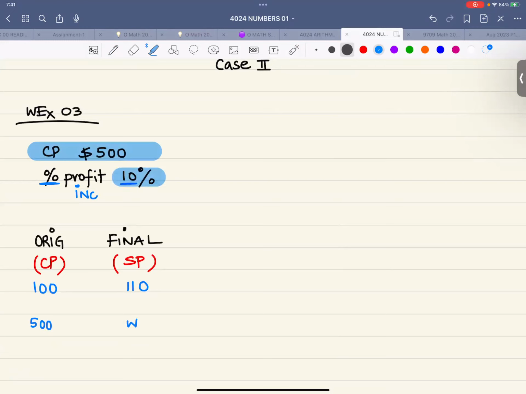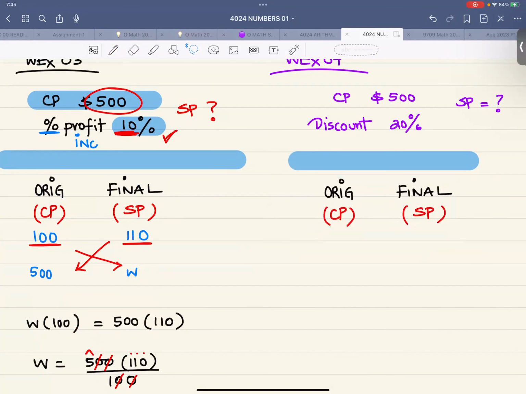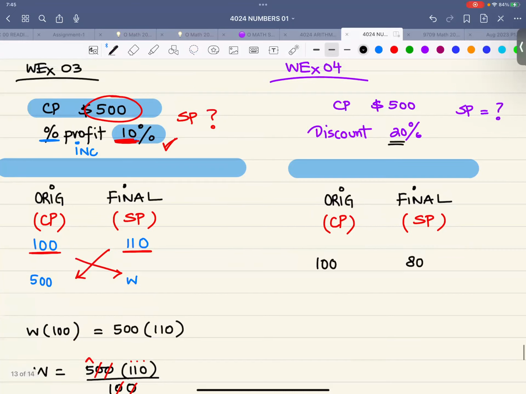Let me write the rule here: the original and final values. If the original value is 100, the final value will be 80. Does that make sense? Because of this 20% loss.